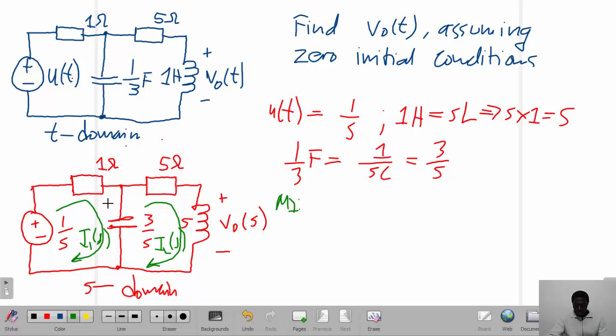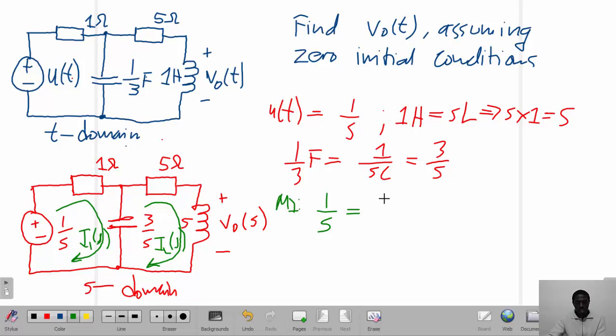And then we've got a shared current, which is the current I2 on this capacitor. So what we have here is 1/S is equal to, and it's positive because the current moves out of the positive terminal, the voltage drop across the resistor plus the voltage drop across here.